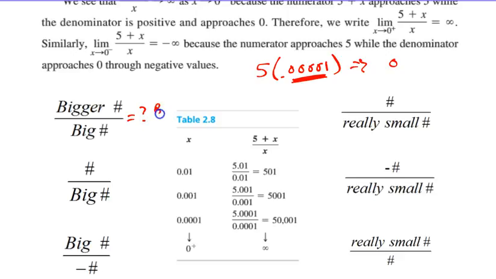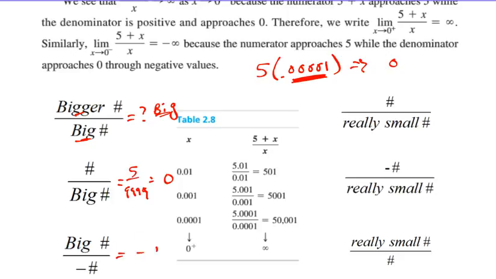It could potentially be a big number. But if this number is close to this, it could go to 1. But this does approach a very small number. So like 5 divided by a really big number, 9999999, is going to go to 0, or at least going to approach 0.